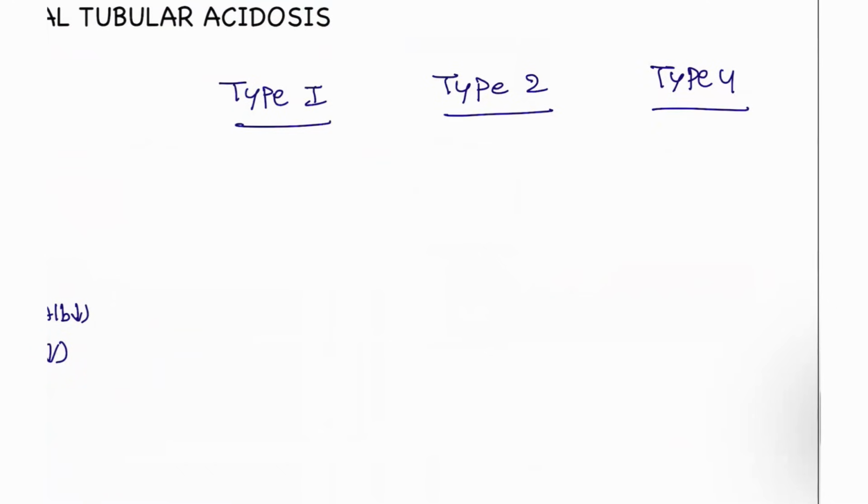Type 1 renal tubular acidosis is seen in the distal convoluted tubule, type 2 is seen in the proximal convoluted tubule, and type 4 is seen in the collecting tubule. Which is the most common? Type 4 is the most common among all.